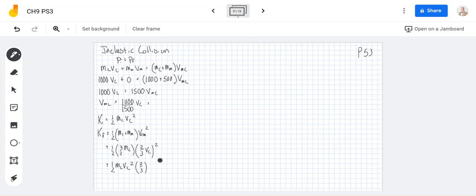Now, they want to know what happens if this is a camel. No problem. We're going to use the same situation here. Camel and car start with the same thing, but let's just figure it out. So I have the mass of the car times the velocity of the car. This is before. And the after is going to be mass of the car plus mass of, I'm going to put an M again. We know it's a camel. Okay. So we're going to use the same notation, but we're going to use different masses this time.